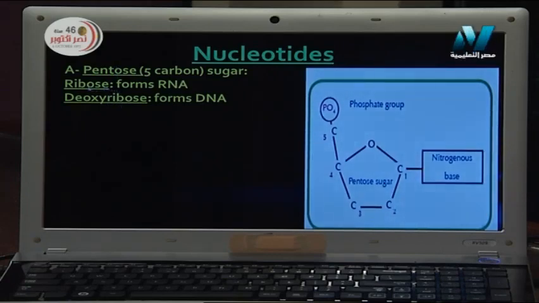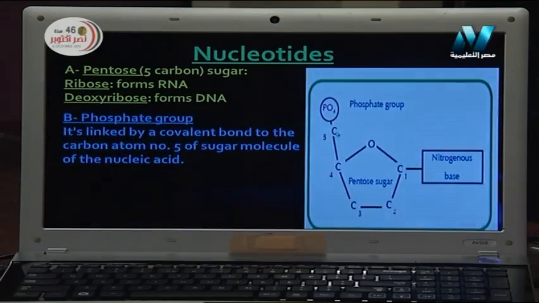I have two types of the 5-carbon sugar. Ribose sugar, we studied this word in the first lesson. Ribose sugar, a simple type of sugar, monosaccharide, found in RNA, and deoxyribose sugar found in DNA. So how many types of pentose sugar do I have? 2 types, ribose and deoxyribose.